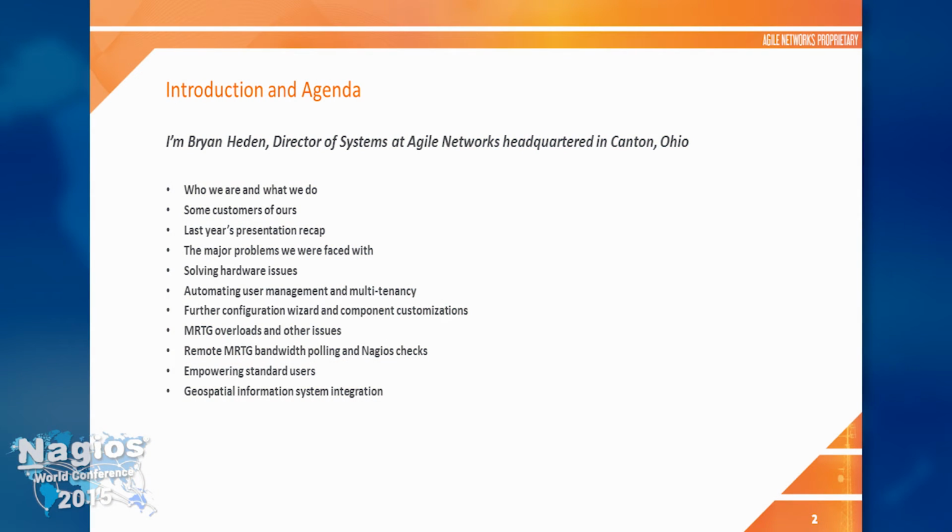Some of the MRTG overloads and sawtoothing that continued to pop up. Remote MRTG bandwidth polling and Nagios checks. How can we give standard users better permissions without giving them administrative rights? And then our geospatial information system integration with Nagios XI.